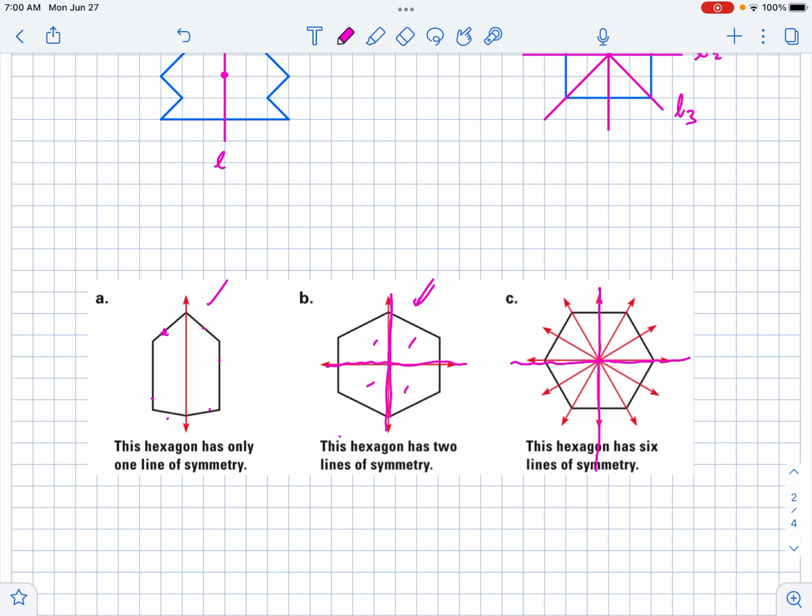So here's L1, L2, L3, L4, in no particular order, L5, and L6. So depending on the figure, you can have different numbers of lines of symmetry.